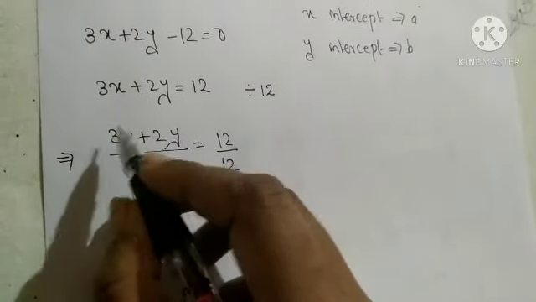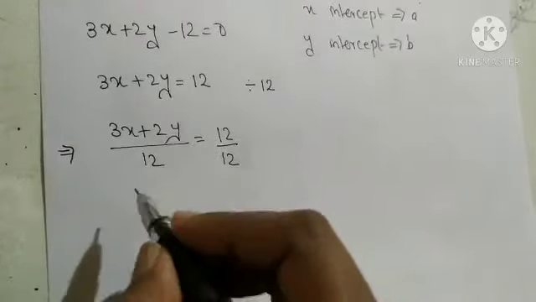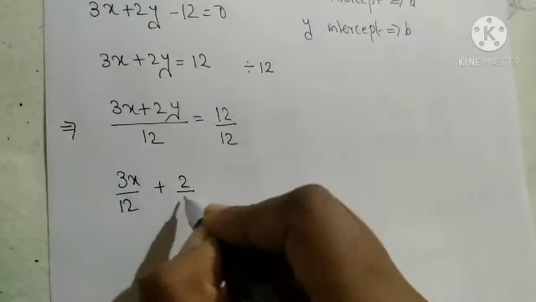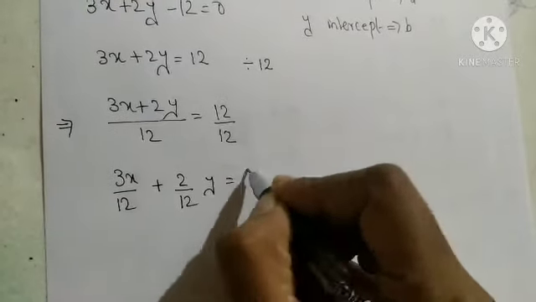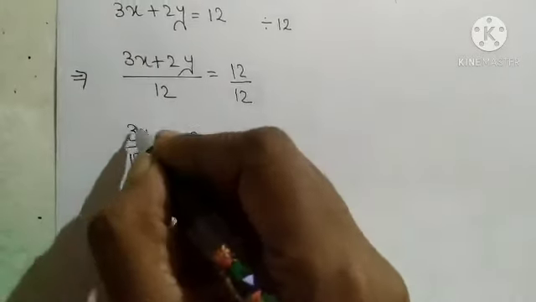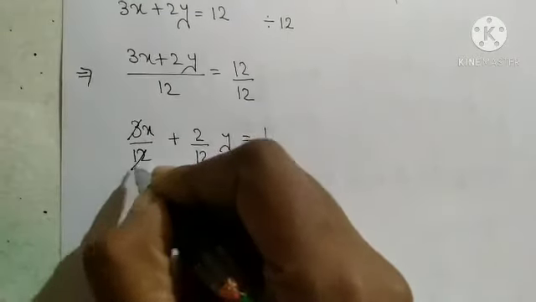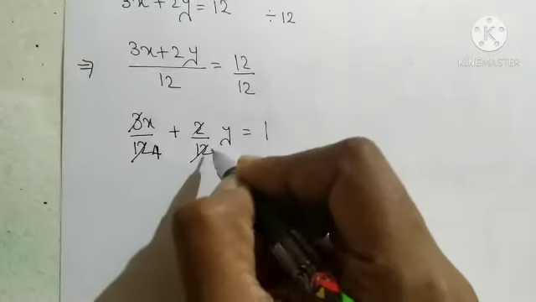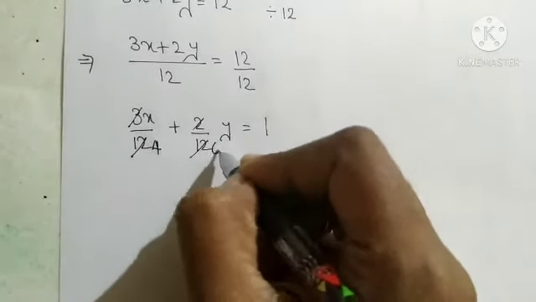And next I am going to divide individually, and we get 3x by 12 plus 2 by 12y equal to 1. This 12 by 12 will change to 1. And here 3 and 12 will cancel and it will become 4 here. And here also 2 and 12 will cancel and this 12 will become 6.